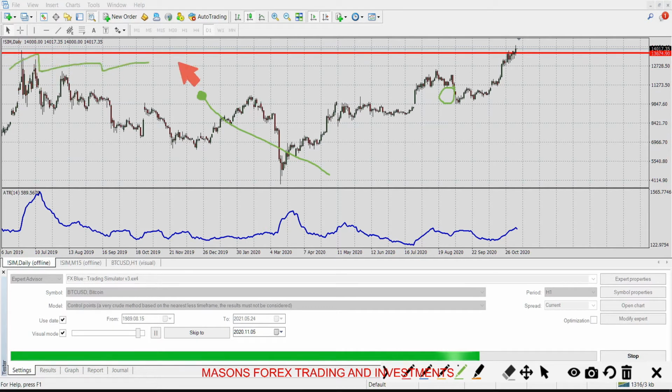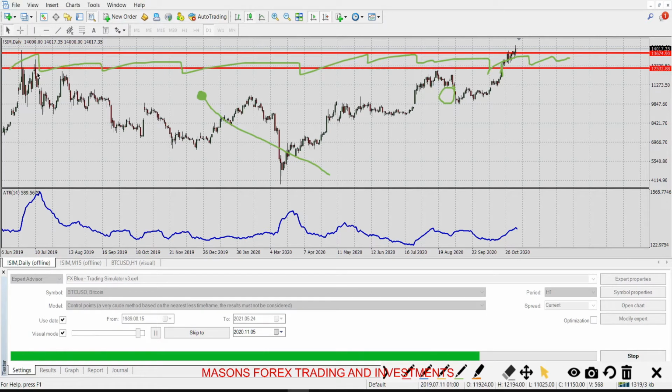If you can see, this is the area which we always have, and price actually broke out with this candle here. You take a line and place it on the peak of the candle.